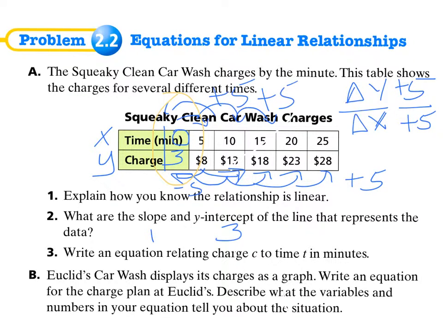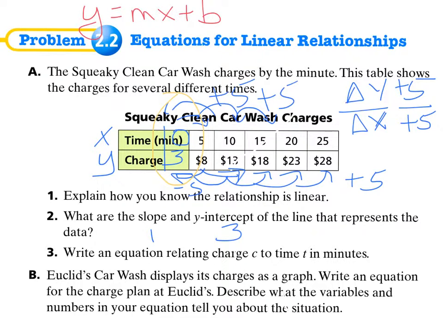Now once we have those two pieces of information, we can write an equation relating the charge c to time t in minutes. Now remember that an equation is in the form of y equals mx plus b, where m stands for the slope and b stands for the y-intercept. Now in this case, the variables are going to change.